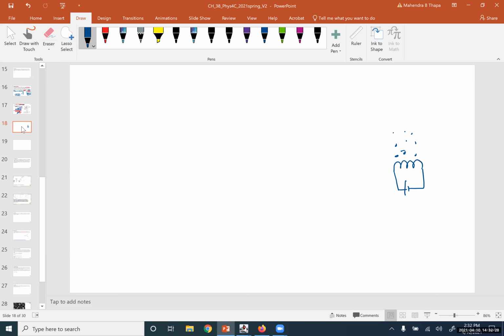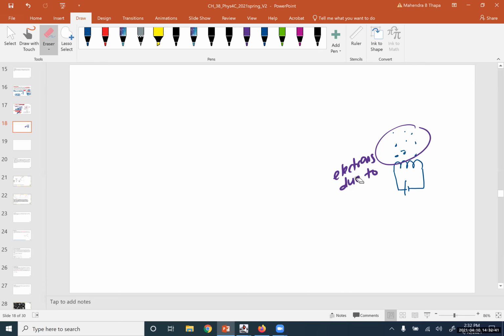These are the electrons, coming out of the metal due to heating.